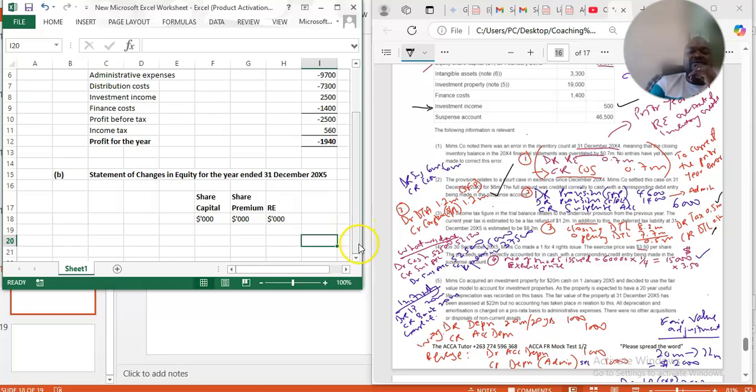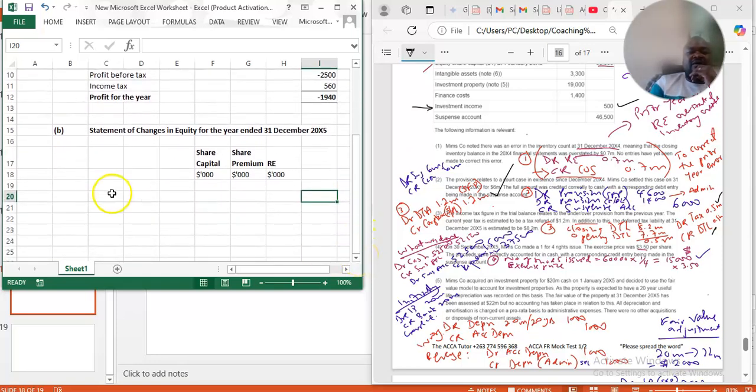We then have to start with our opening balances, or balance as at 1 January 20x5.